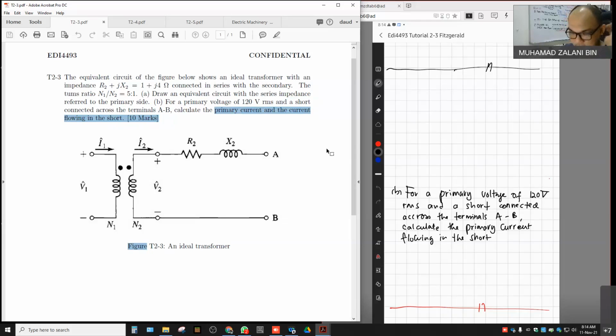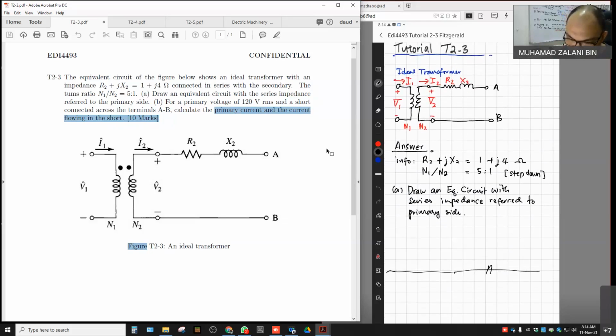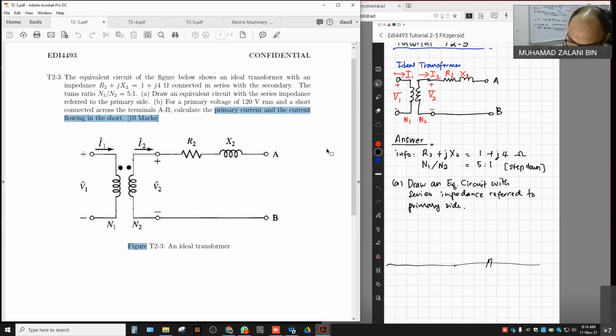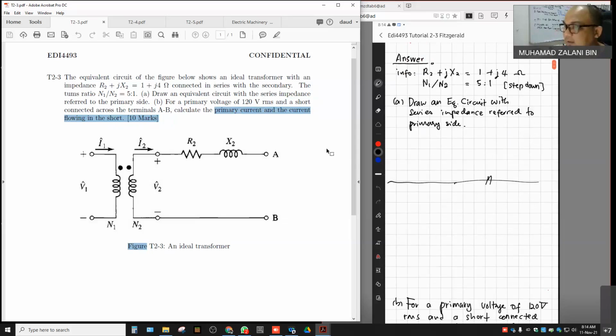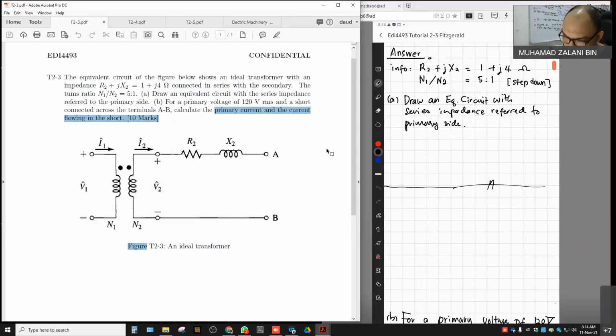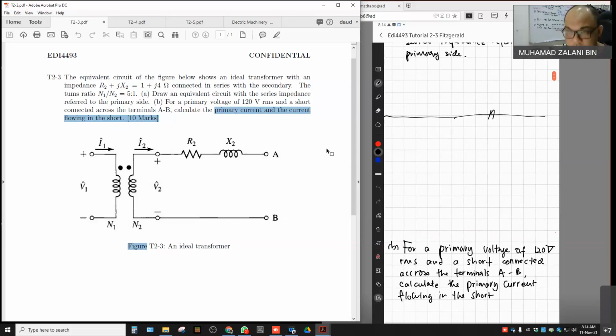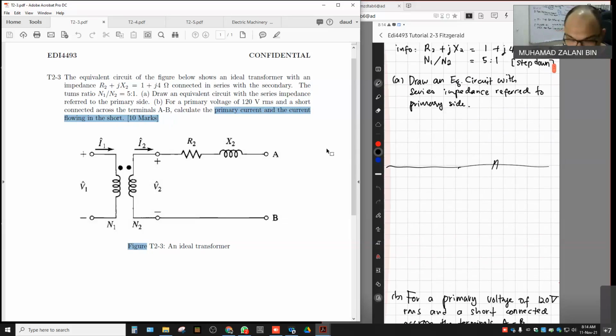Okay, so I will start with A, which is, as you can see on my right hand side, as usual, you will see the drawing canvas that I'm sharing with you. I would like to start with drawing again the equivalent circuit, because this one is impedance at the secondary side, all right?